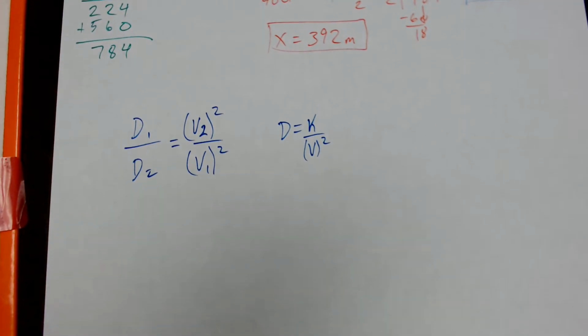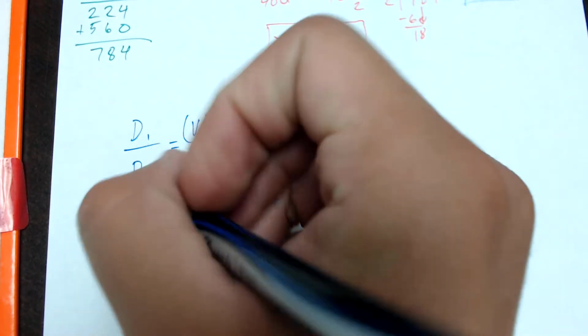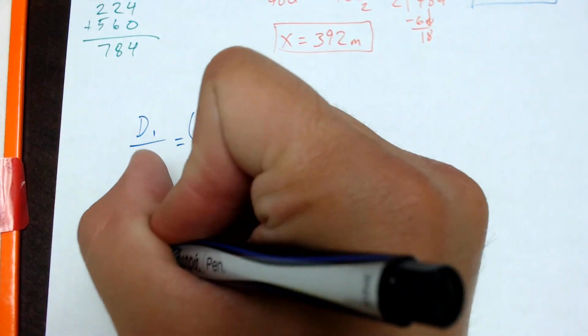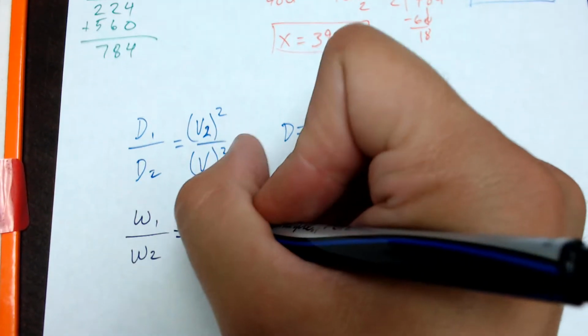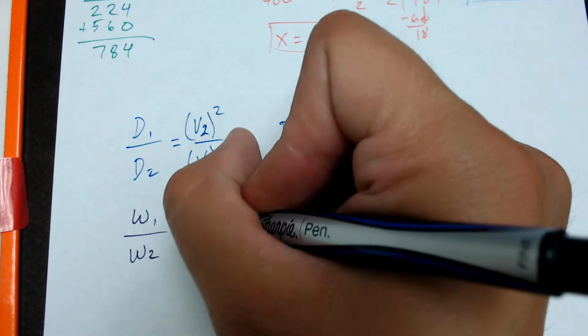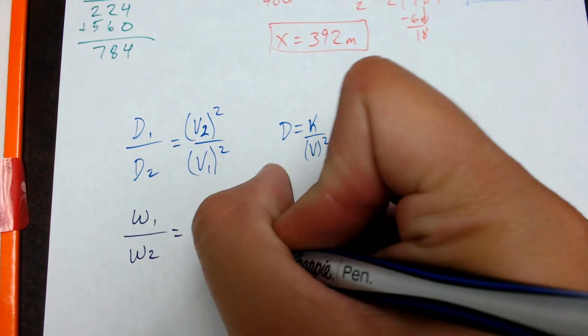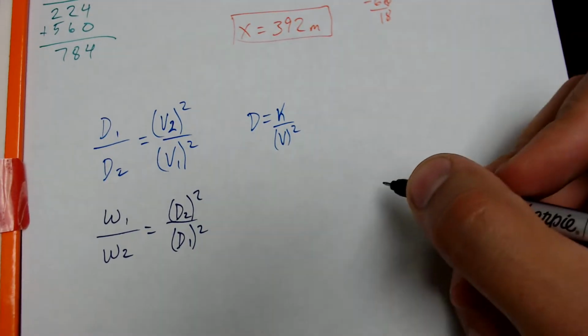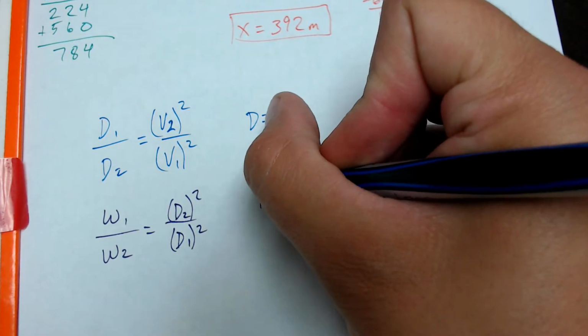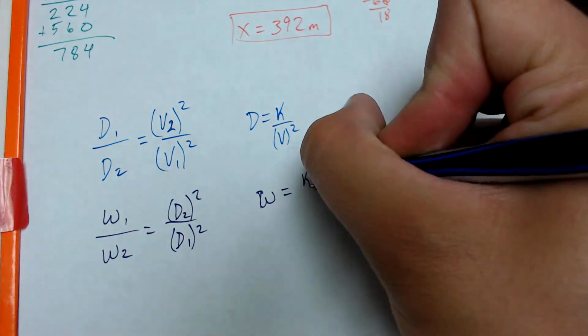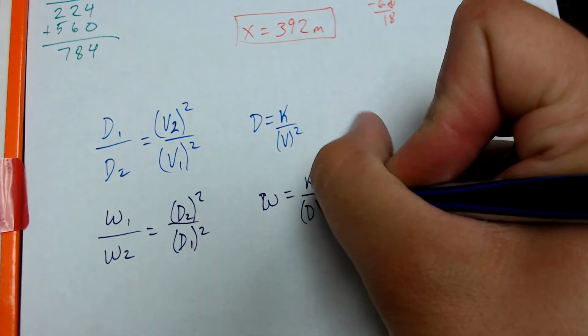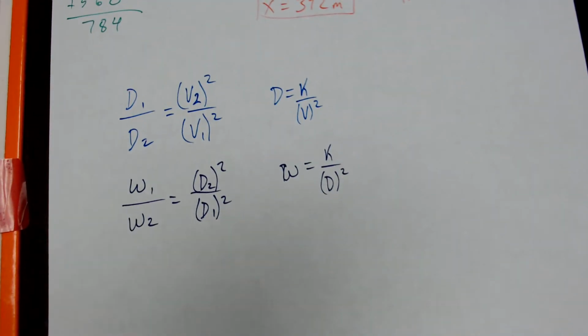So this equation, instead of distance, is going to be weight 1, weight 2, and then inverse variation to the distance. So this would be distance 2 squared, and this would be distance 1 squared. And then the scale factor version would be weight is equal to the constant divided by the distance squared. So let's go ahead and solve this equation.